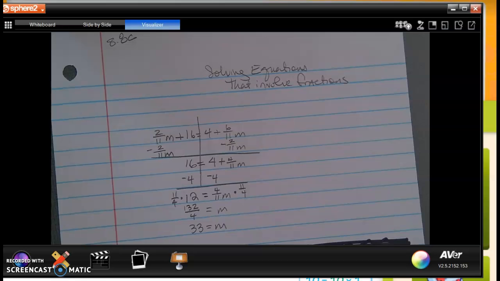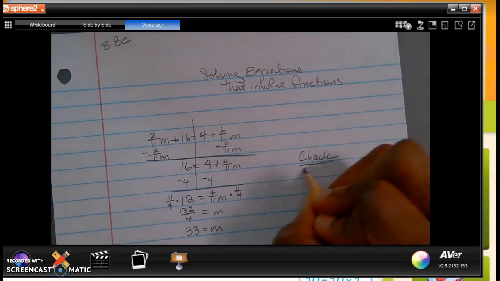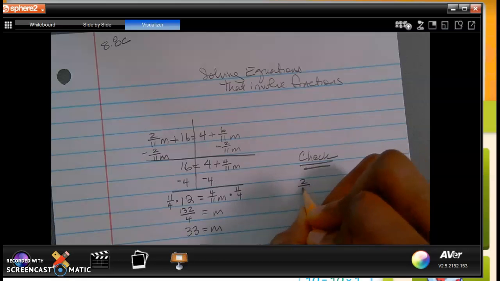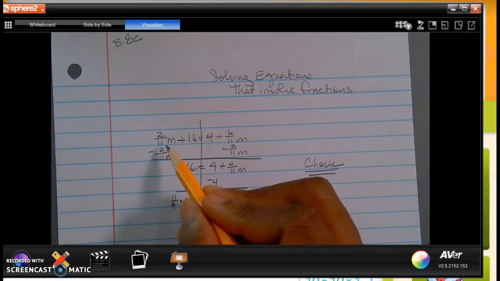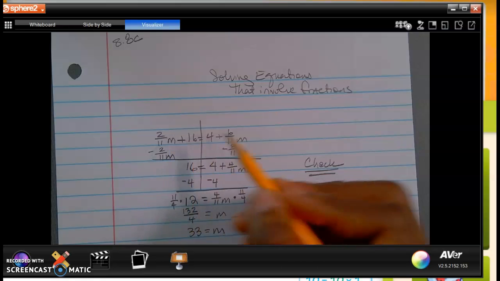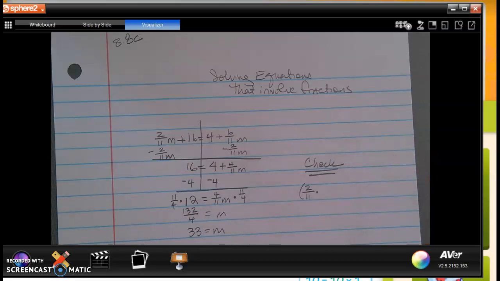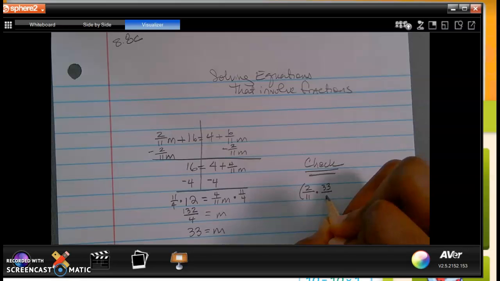Now, the way that I do my check in this particular case, as always, is I want to make sure that I plug everything into the original equation. So I'm going to multiply 2 11s, sorry, we have 2 11s, not 12 11s. 2 11s is going to be multiplied by 33, and the way that I get it to look like something that I would recognize is I put 33 over 1.